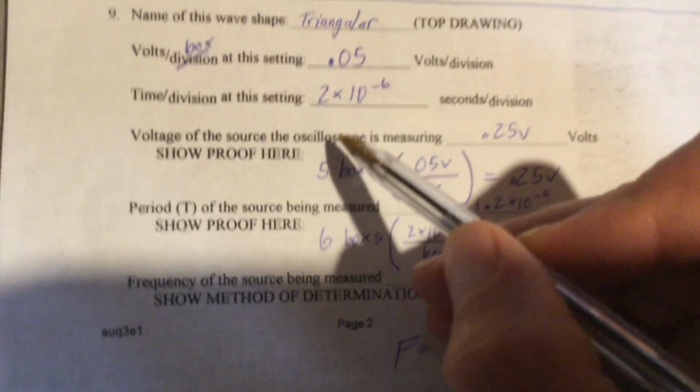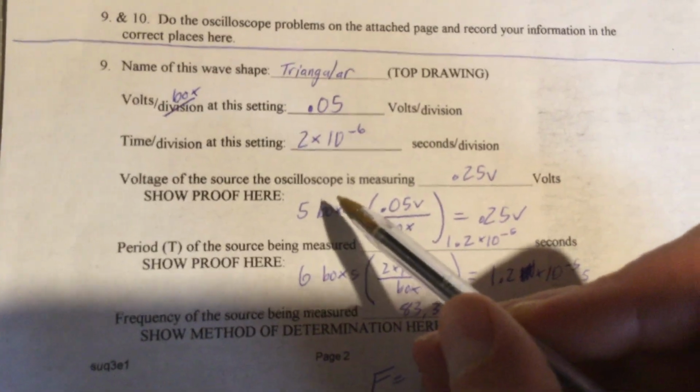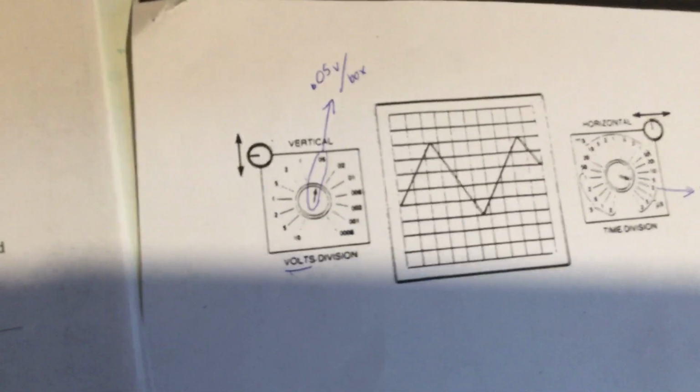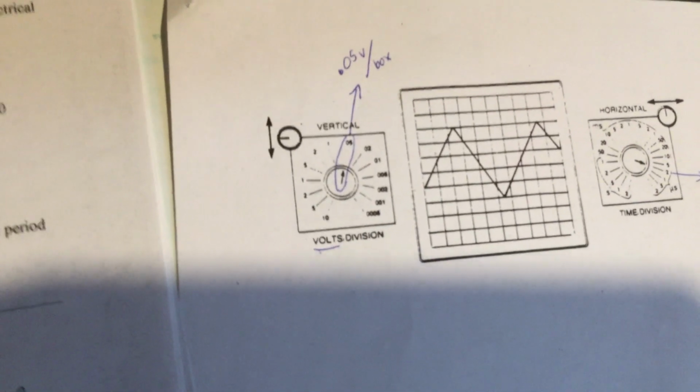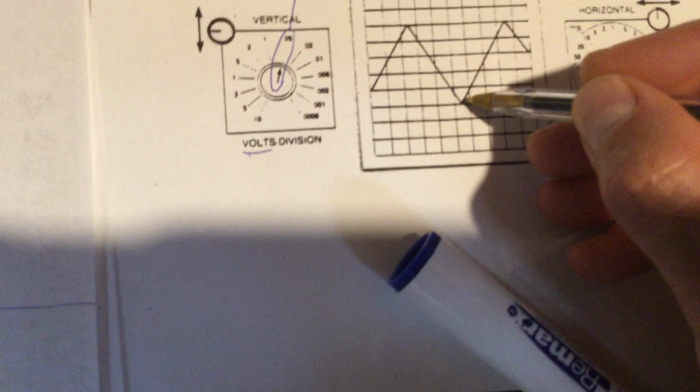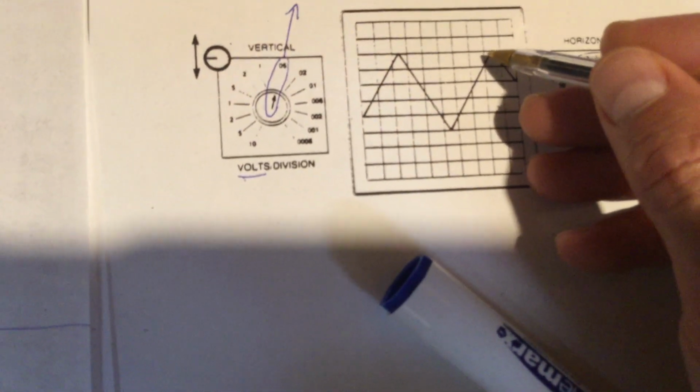Now we get to the point where we actually have to calculate a little bit, and we want to figure out, if we're looking at this waveform, how much voltage that is representing from peak to peak. So the way they ask you is they say the voltage of this source is what? And here's how you do it. You're going to first look at your picture and say, okay, this is the lowest and this is the highest point.